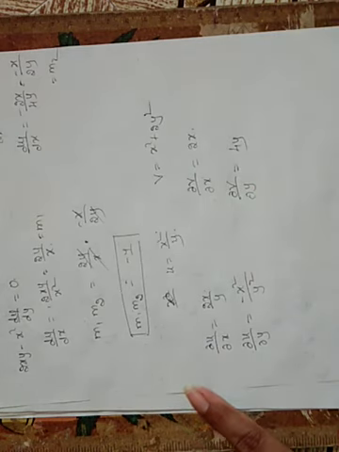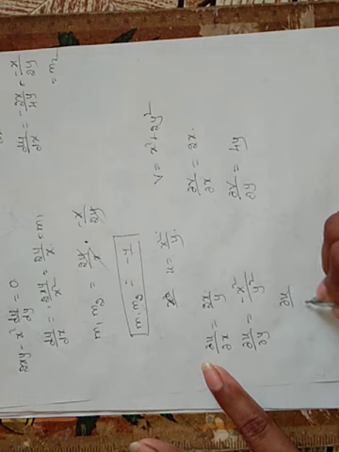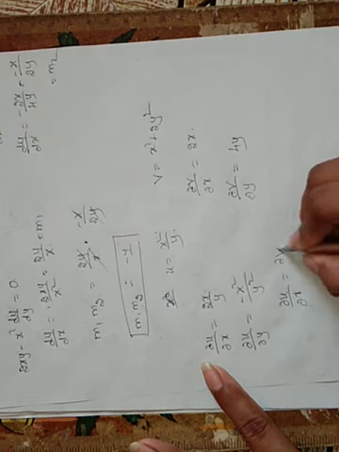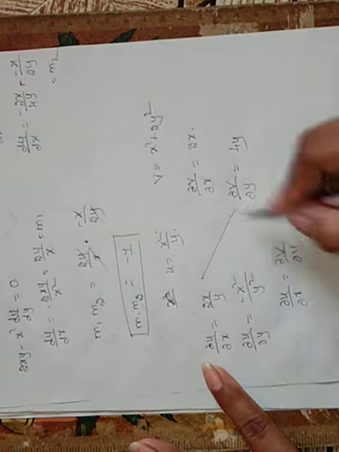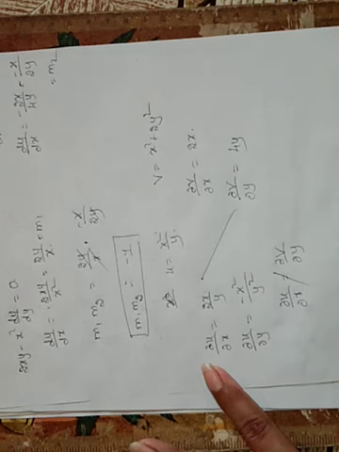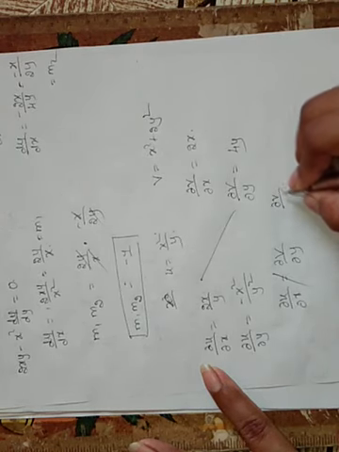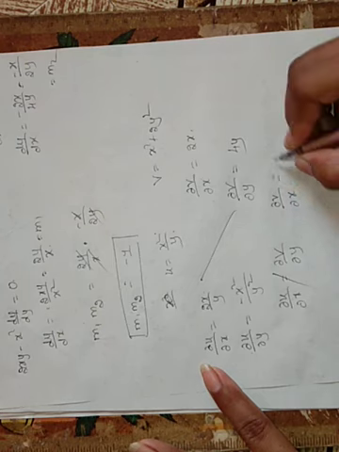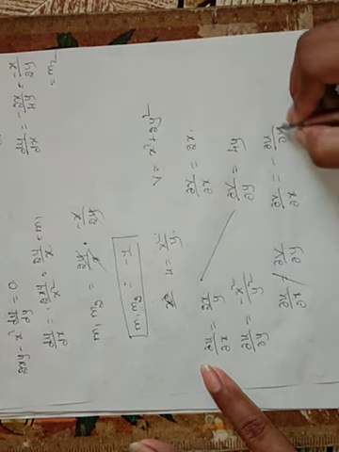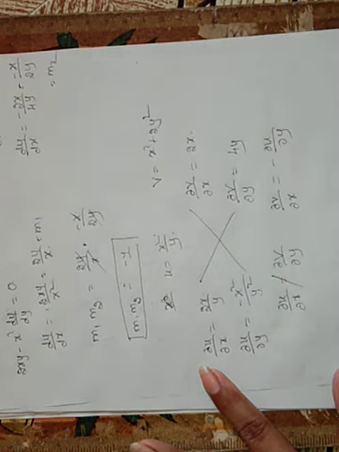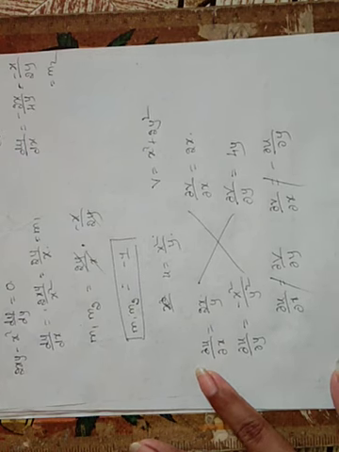So we have the Cauchy-Riemann equations, that is ∂u/∂x must be equal to ∂v/∂y. Are they equal? Not equal. Similarly, ∂v/∂x must be equal to minus ∂u/∂y. Are they equal? No, not at all.